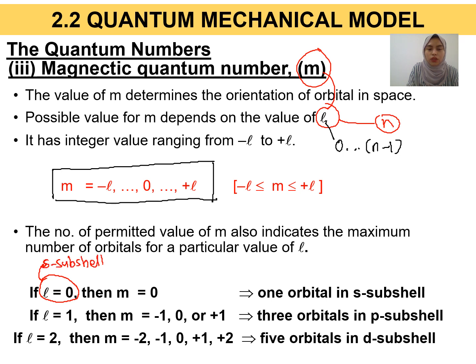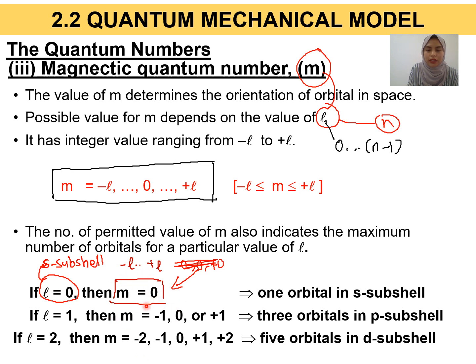So, to know how many orbitals are in the S subshell, you have to find the value of M. M is from negative L until positive L. So if your value of L is 0, you can't do negative 0, 0, positive 0. That means its value of M will be just 0.